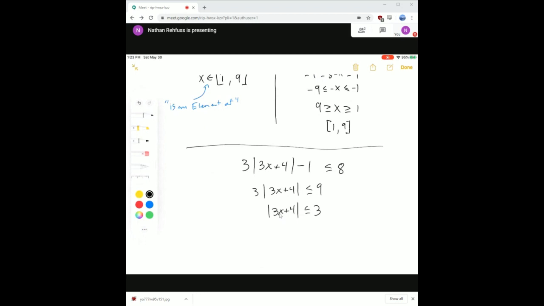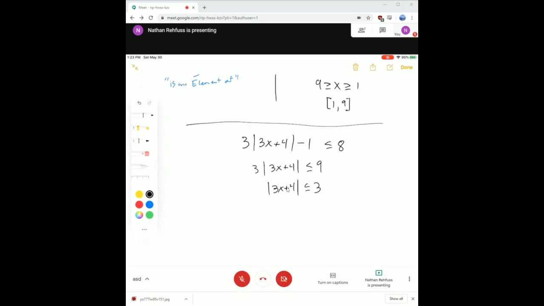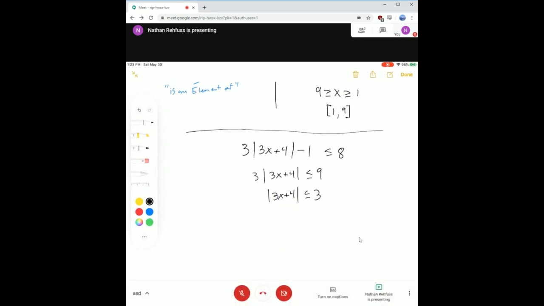But now see, I don't have a difference inside here, so I'd be hard-pressed to come up with a way to interpret this as a leash between 3x and 4, because this is a plus and not a minus. That distance really works better with minus. There's ways to do it, but they're probably more confusing than they are enlightening, so I'm not going to get into those.